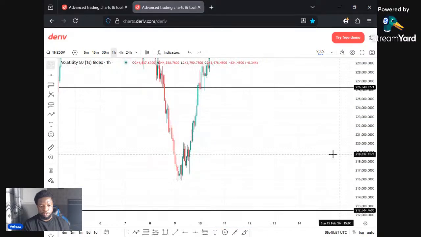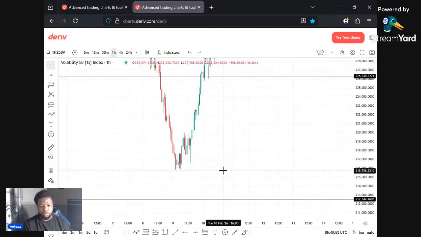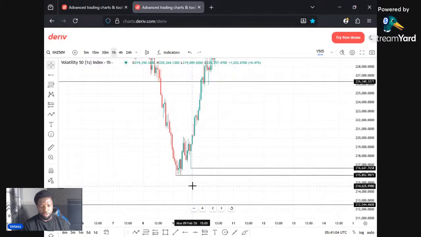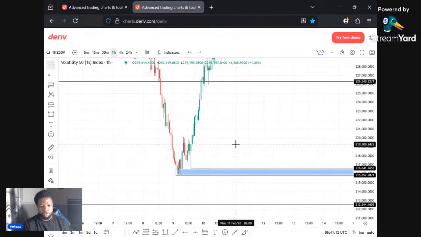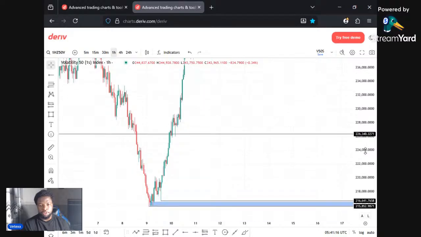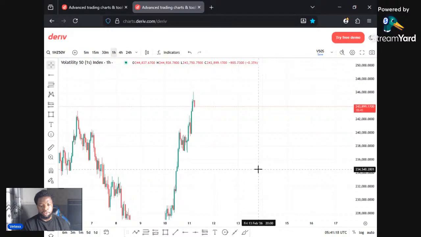So we have this. We have a protected low here, and then there's a sweep of liquidity from the other side. So this was our point of interest. We've been anticipating price to come down here, tap us in, and move in the opposite direction, but it hasn't done that.